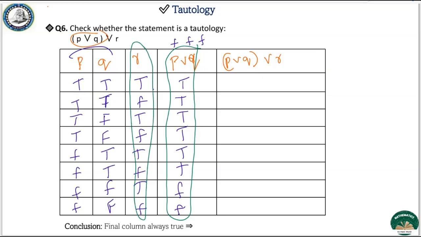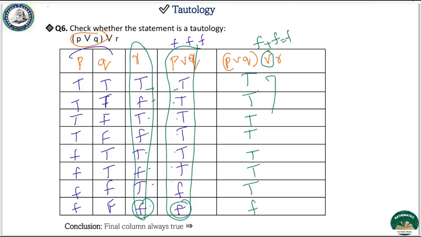The condition is OR is nothing but F and F, it is F. So we'll just check if there is F and F. Here we have F and F, so it is F. Remaining all are T.